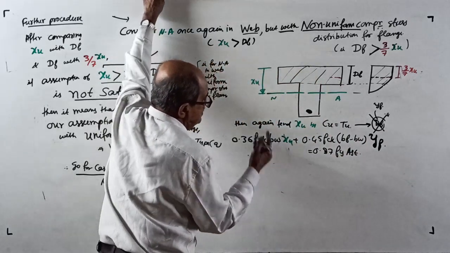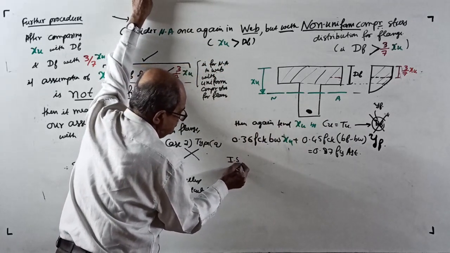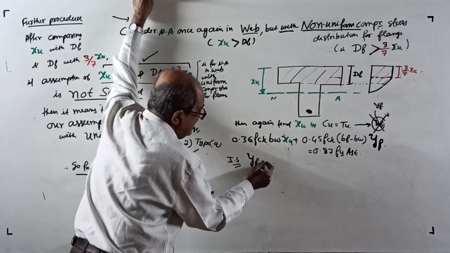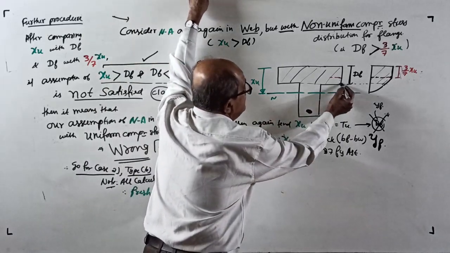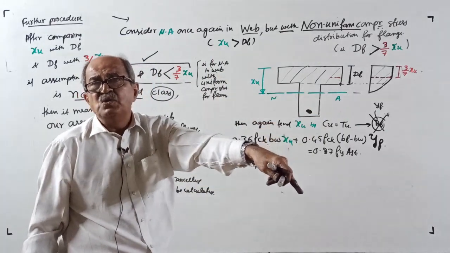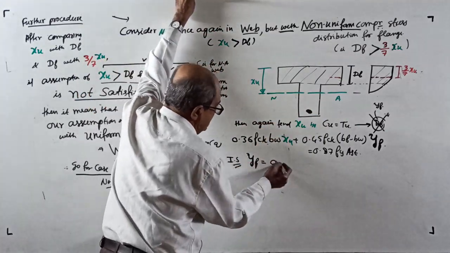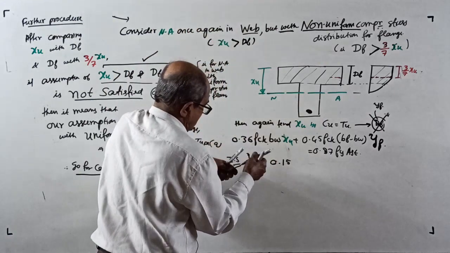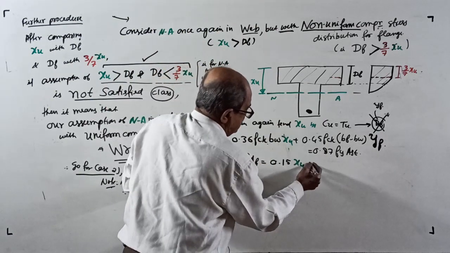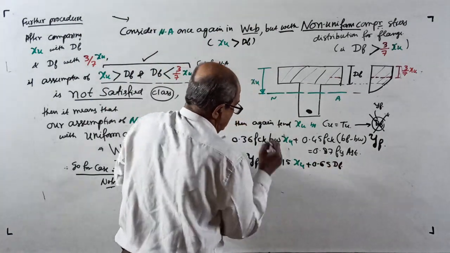Okay. Now, doubt comes, how much is YF? As per IS code, that YF is some imaginary depth of flange, a part of the flange is removed. The reason I told in the regular batch. The formula for you: YF equal to, IS code has given, 0.15 times XU plus 0.65 times DF.